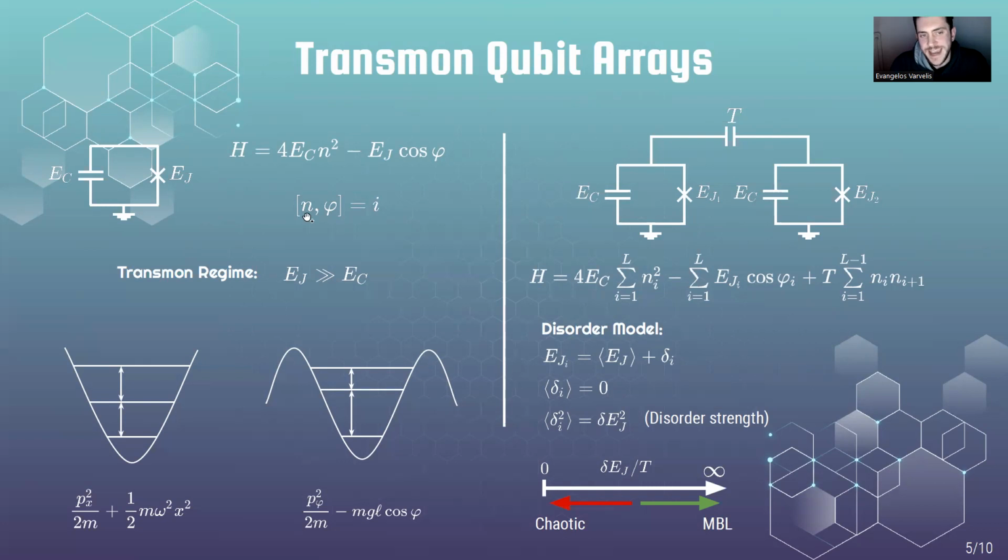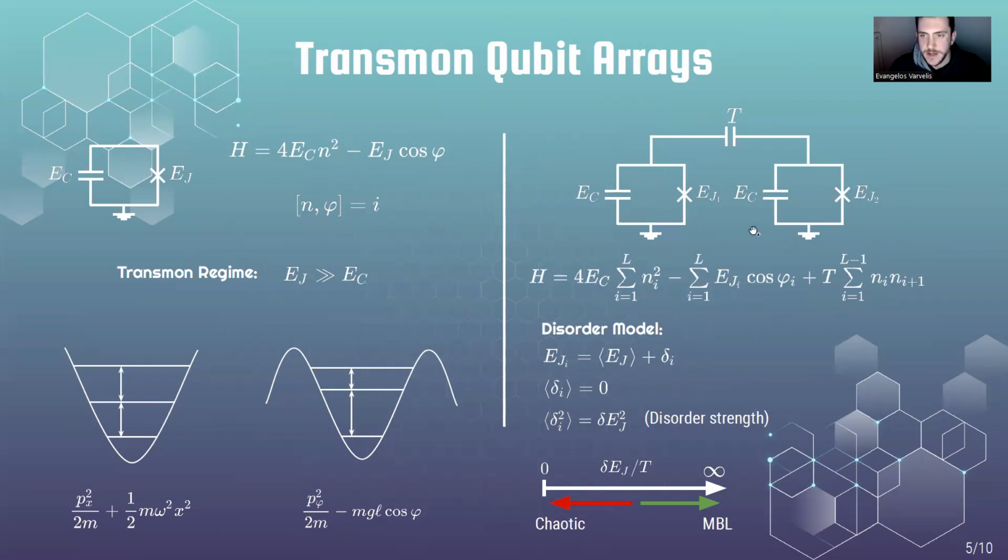You can think of n as a momentum and phi as a position, in which case this is just the classical pendulum. So each one of these is a classical pendulum, and you couple them with some weird coupling, though not so weird if you think about it from an electrodynamics perspective.